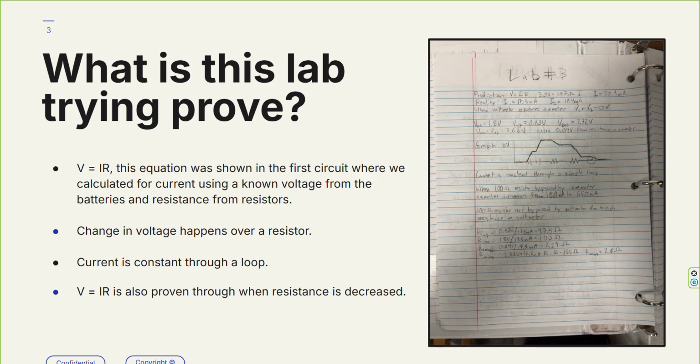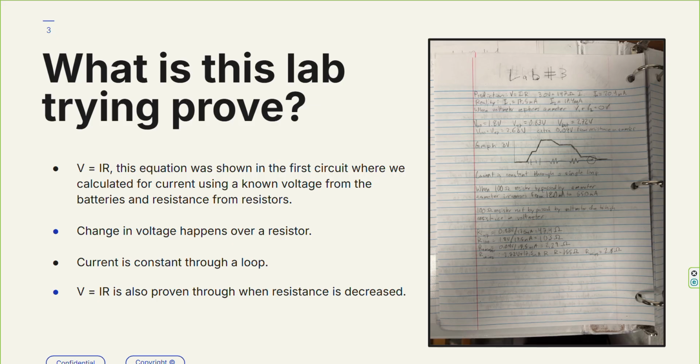A couple ways that this voltage equals current times resistance equation comes up: we found the voltage from the batteries. There were 1.5 volt batteries, two of them in series, not parallel, my bad, so it was 3 volts.